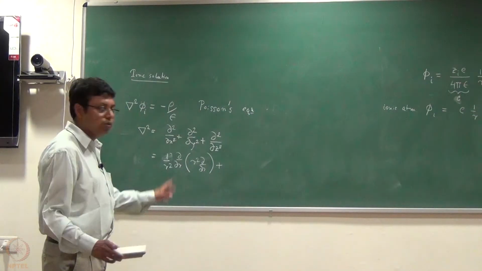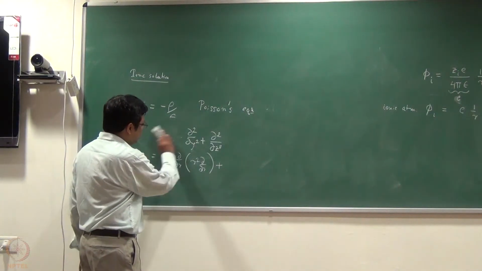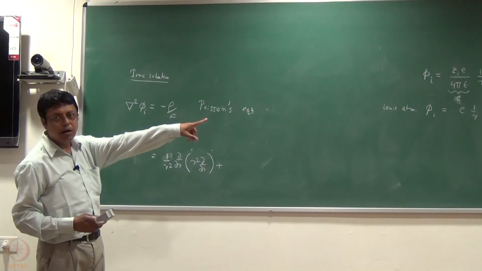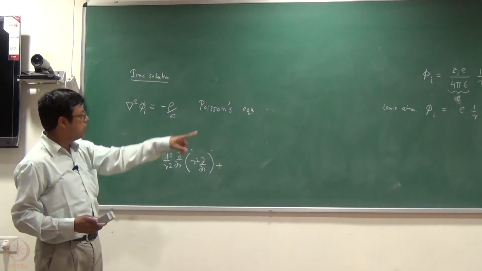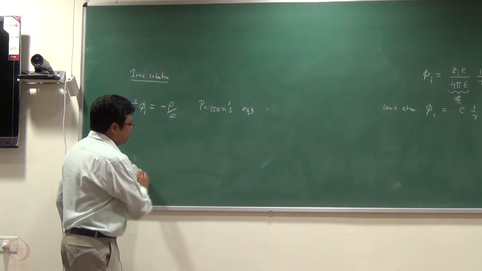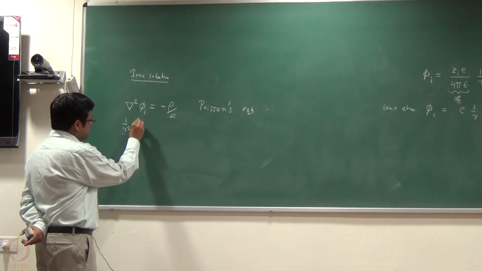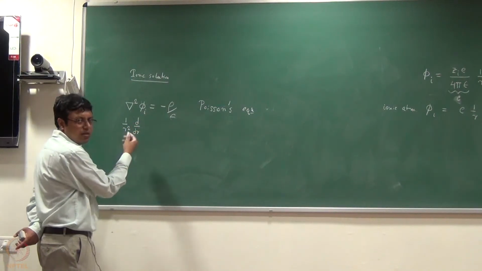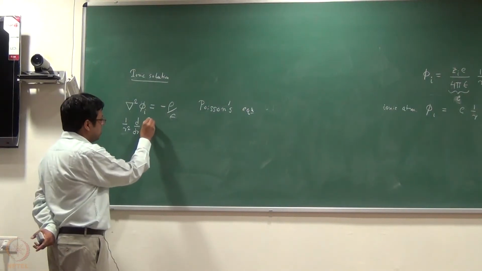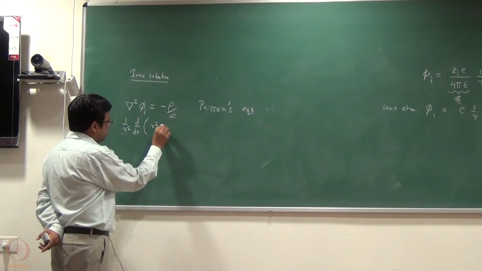Alright, so let us do that. Let's try to work this out. I'm going to take the del square of phi I. Before doing that, del square of phi I is nothing but, as we just saw, 1 by r squared, d/dr. I'm writing d/dr because there is no theta and phi dependence, and I have here r squared d/dr.